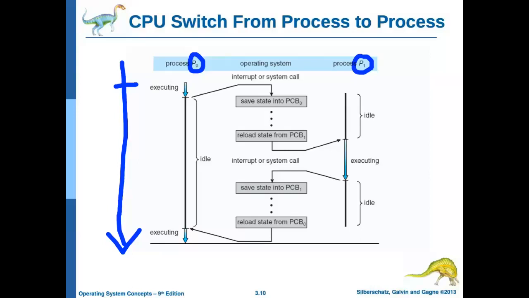Now the next thing is, let us assume at this particular time here somewhere, interrupt occurs, and maybe this is a software interrupt, or maybe system call, for whatever is the reason.